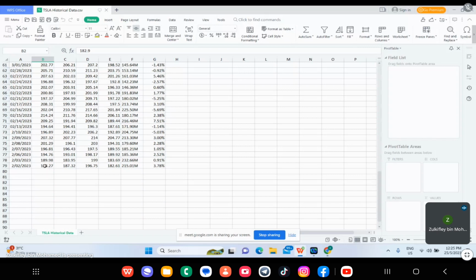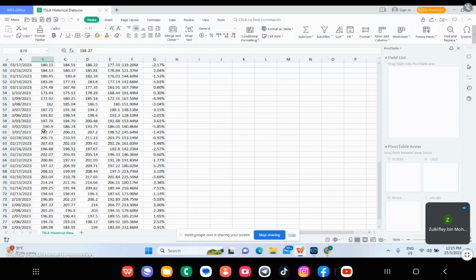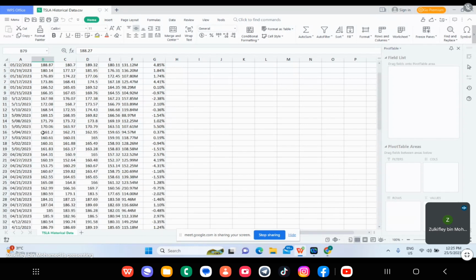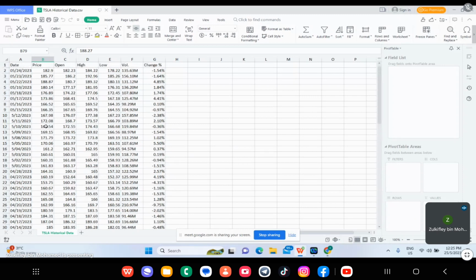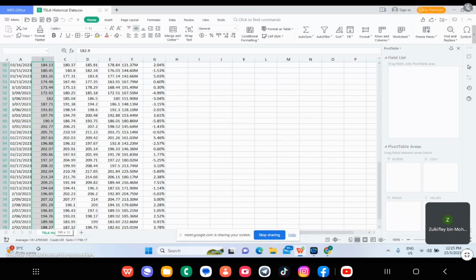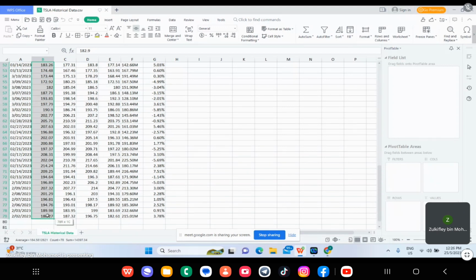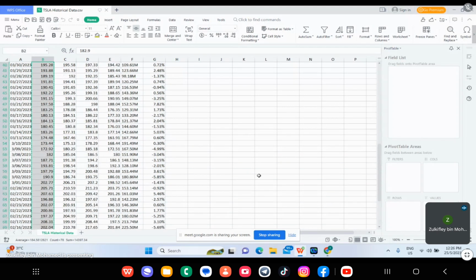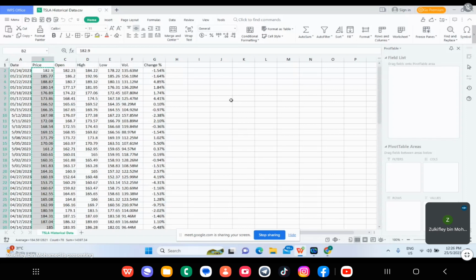Ini data awal, 2 hari bulan 2. Awak kena reverse data ni, pasal calculation kita daripada time 1 hingga time yang terkini. Macam mana nak terbalikkan data ni? You copy this one. Ctrl C.